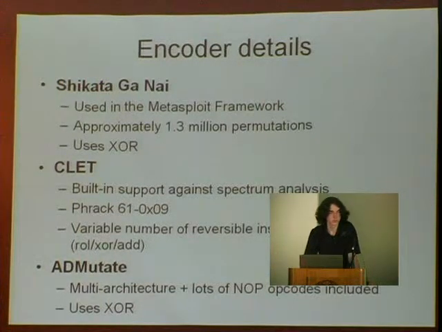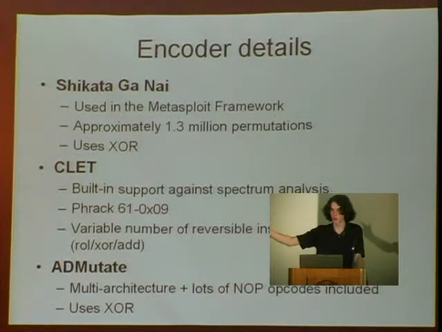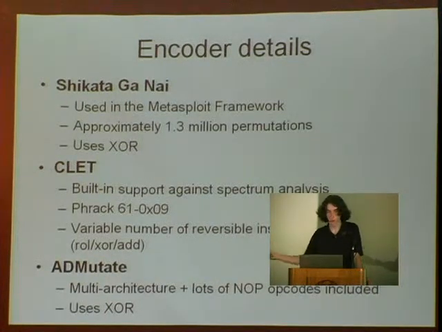So basically what that means is, unlike Shikata, instead of just doing a 4-byte XOR key, it can add a value, then XOR a value, and then rotate that entire block of code to the left some number of bytes. So you're not doing one operation on the memory to decode the ciphertext. Now you're doing a number of variable operations which can change with every encoder, and this makes it considerably harder to fingerprint because you're not just doing the same thing over and over with different instructions.